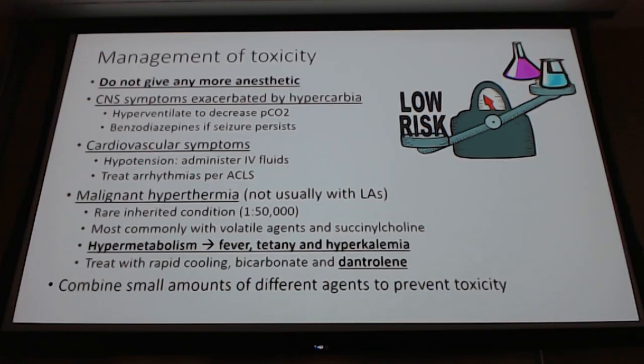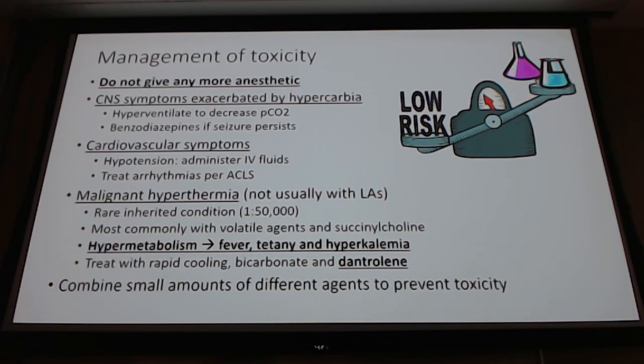So if you see somebody who has a malignant hyperthermia type of situation, they've just been put under generalized anesthesia, and the anesthesiologist or the CRNA are saying, yeah, no, they're starting to have a fever, they're a little bit tachycardic, they're hypotensive, the normal hyperkalemia type symptoms, like the severe type symptoms.